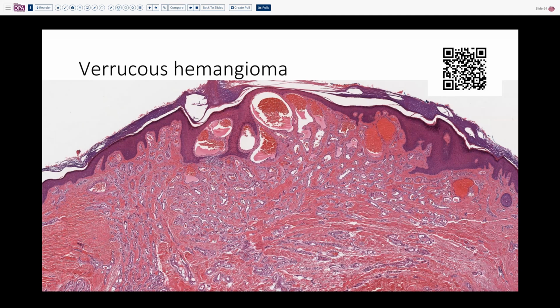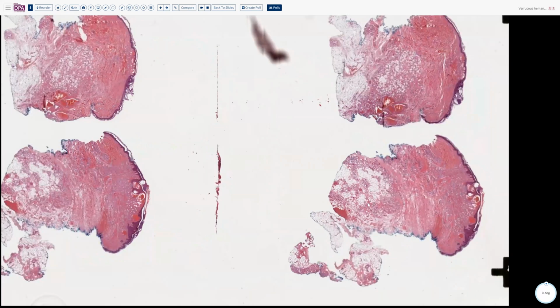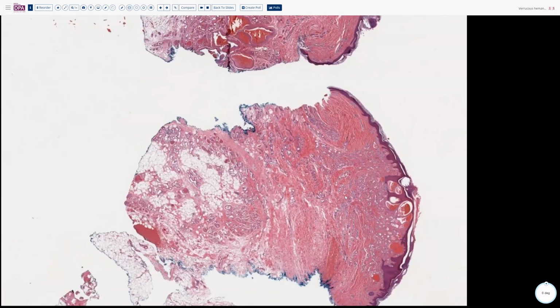But this is a lesion that tends to have a deeper component as well. We're not really sure if this is a congenital or a neoplastic degree. These do not regress as many of the congenital vascular lesions do.